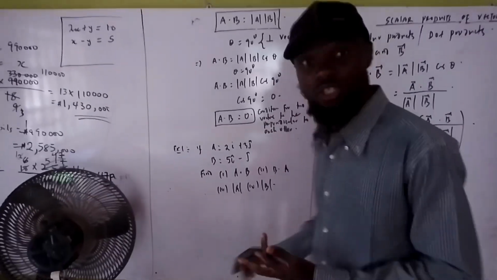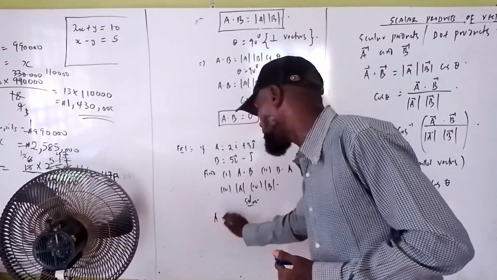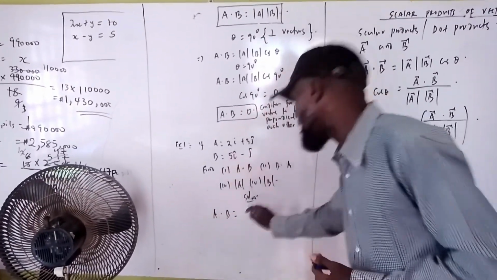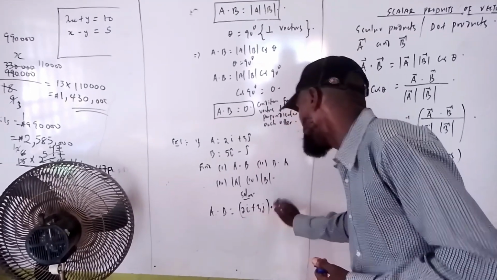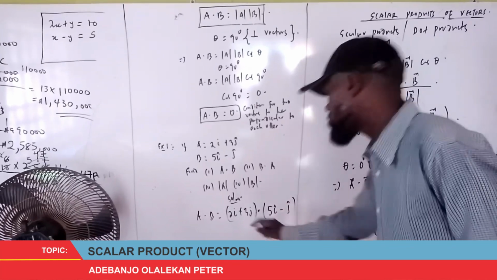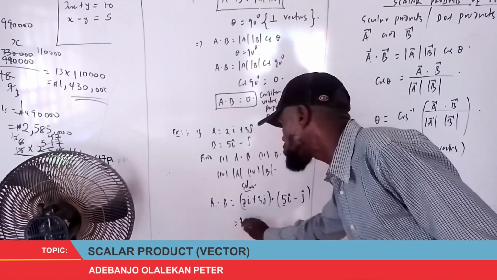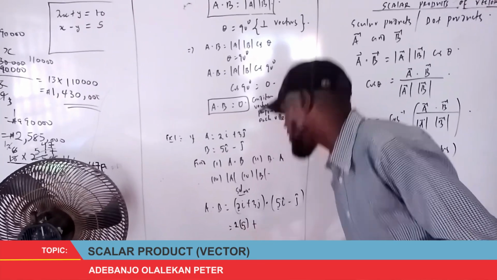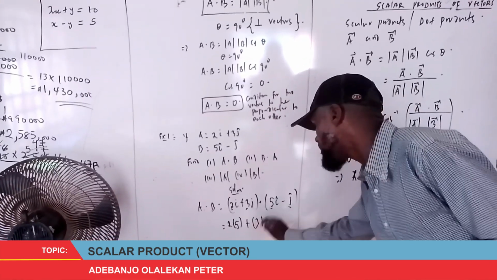So for the first one, to solve A dot B, we write our A out, 2i plus 3j, dot it with our B, 5i minus j. We use the coefficient of i to multiply the coefficient of i here, that is 2 multiplying 5, plus we use the coefficient of j to multiply the coefficient of j here, that's 3 multiplying minus 1.